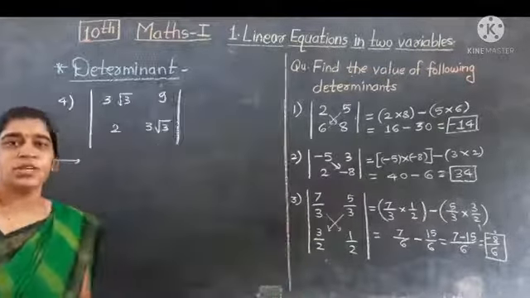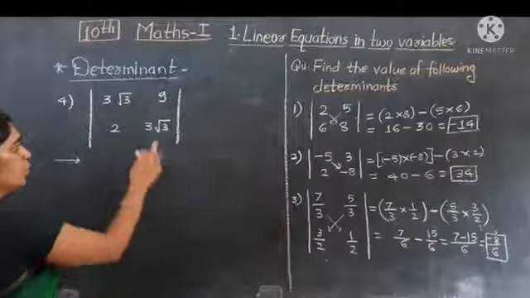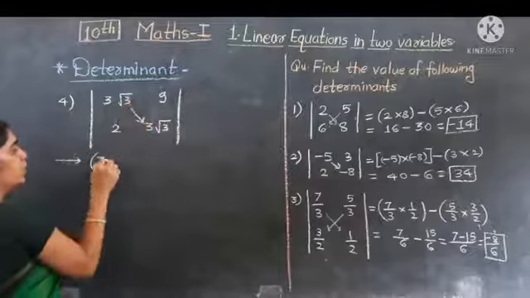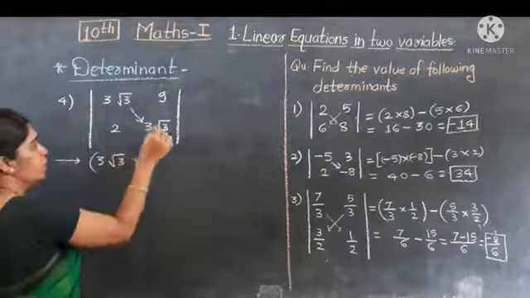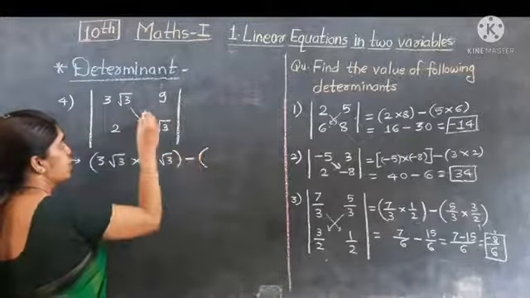Okay students, last example. 3 root 3, 9, 2, 3 root 3. Here first as usual 3 root 3 into 3 root 3. Middle sign is minus.